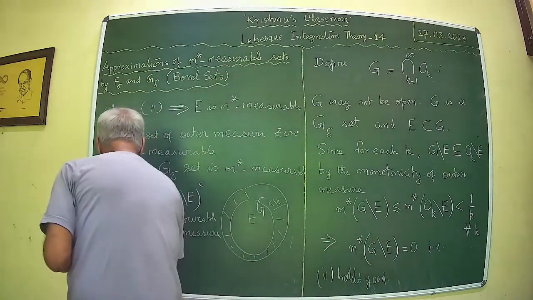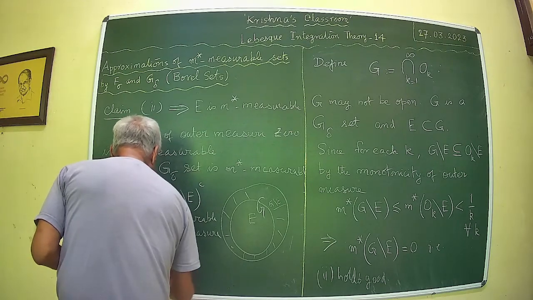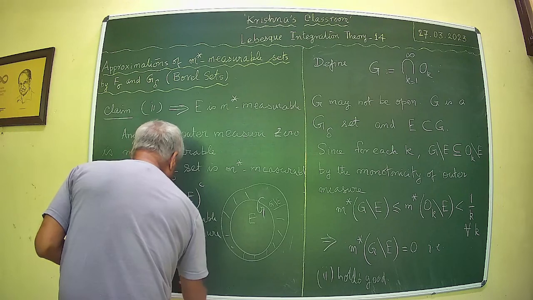Therefore, the complement of G slash E is measurable.